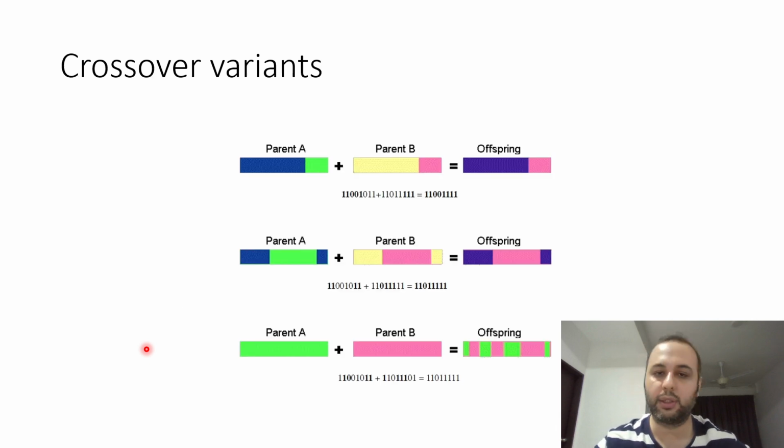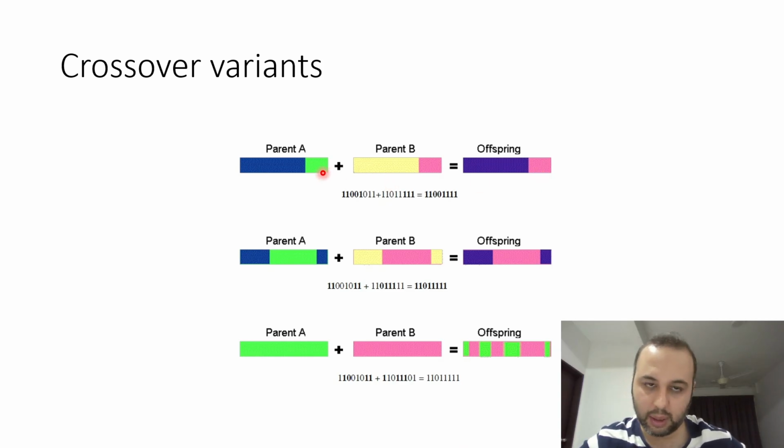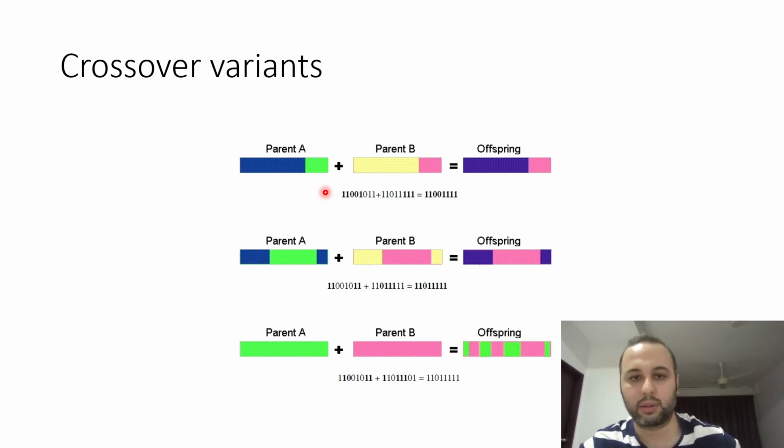Before going to mutation, let's see this example for crossover. We have parents, which are blue, yellow and pink, for example. The offspring would be blue plus pink, and can be yellow plus green, right?